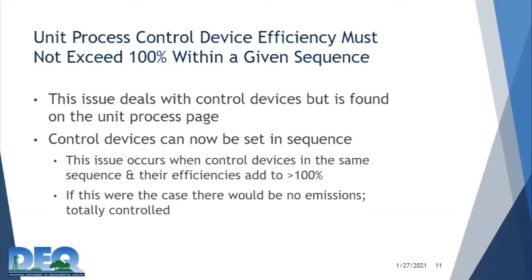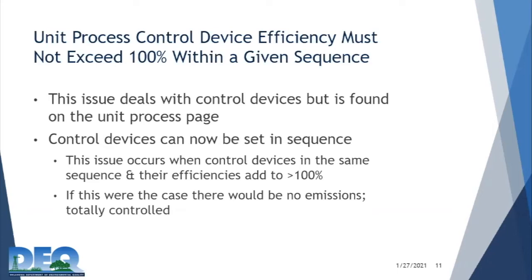So that's a new thing in Slice. For those of you who didn't report in 2019, you can have multiple control devices set in a sequence. This particular issue occurs when the control devices are in the same sequence and their efficiencies add to greater than 100%.